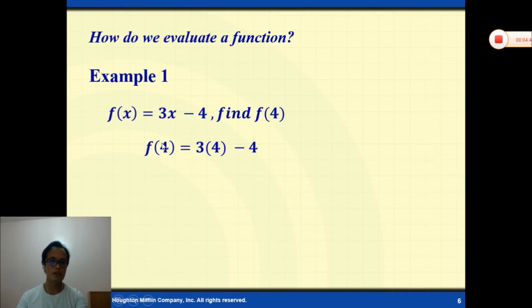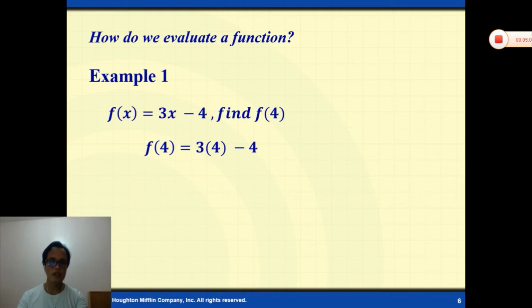If we substitute 4 for x in this function, this becomes f of 4 equals, we copy 3. Instead of writing x here, we change this to 4. So this becomes 3 times 4. Then we simply copy negative 4.